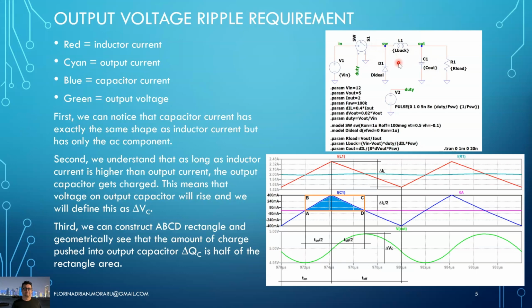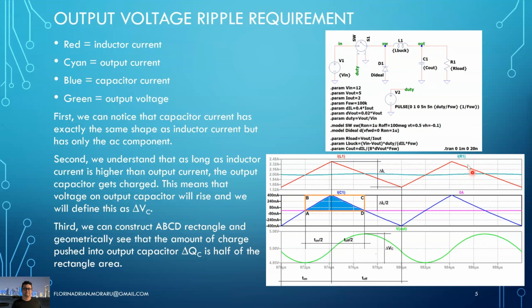Okay, I did a very simple buck schematic in a simulation circuit to check the relevant waveforms. So I plotted here the relevant waveforms for what we need to know in order to, in the end, find out the value for the output capacitor. Okay, so in red we have the current through the inductor.